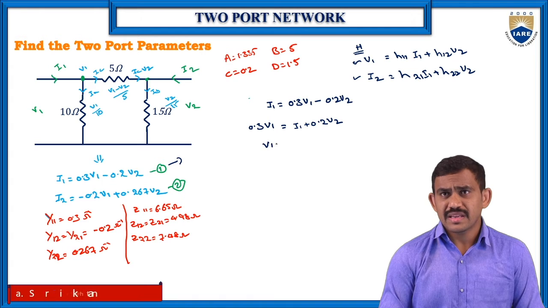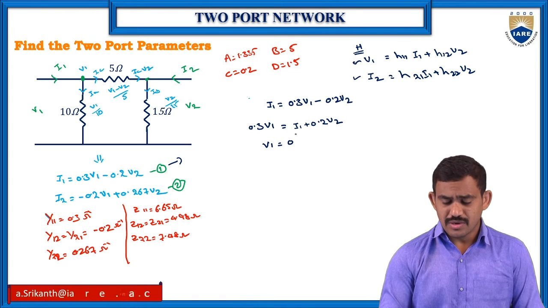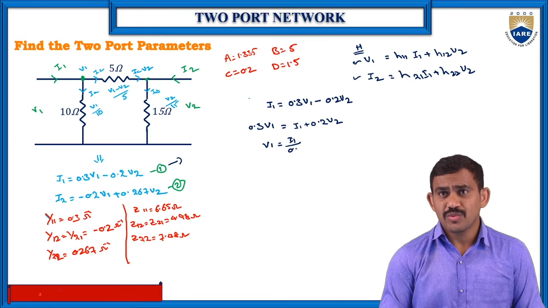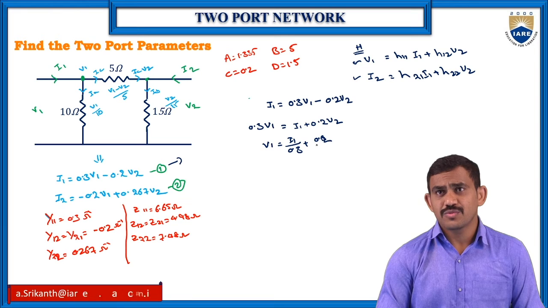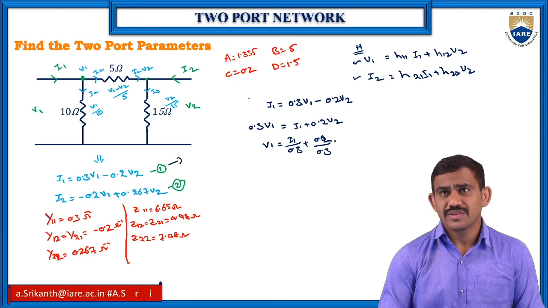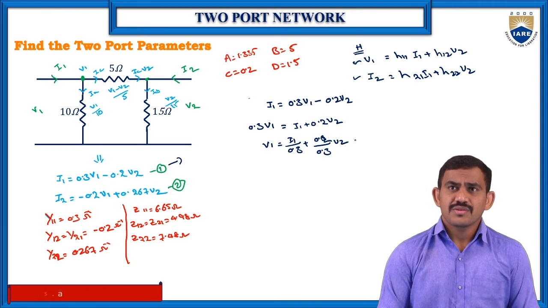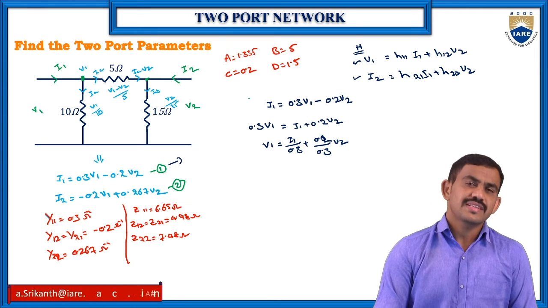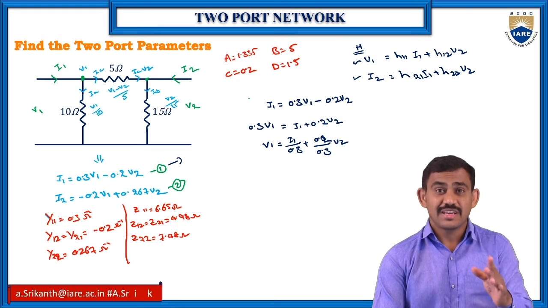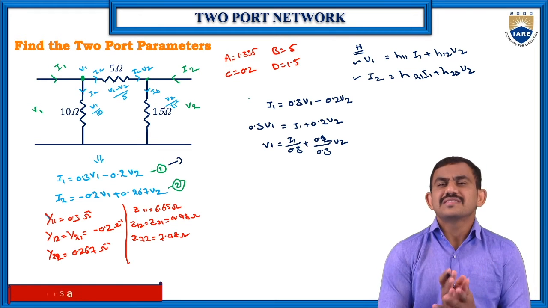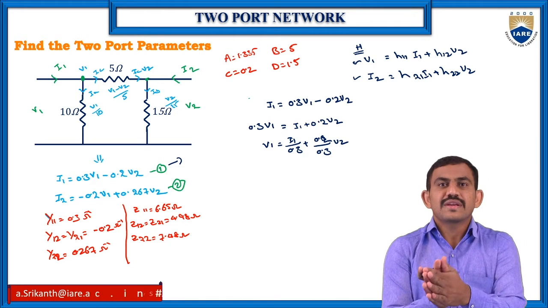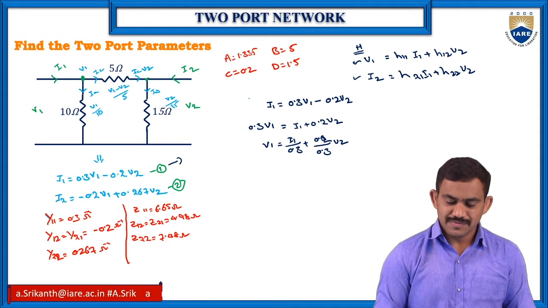Then V1 equal to I1 by 0.3 plus 0.2 by 0.3 V2. Now we have the H11 value and H12 value. If you know which equations to compare, the remaining parameters are very simple, guys. That's it. We'll get the answer.